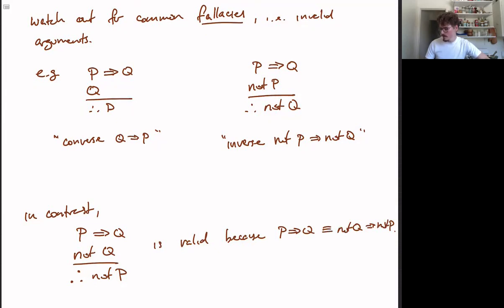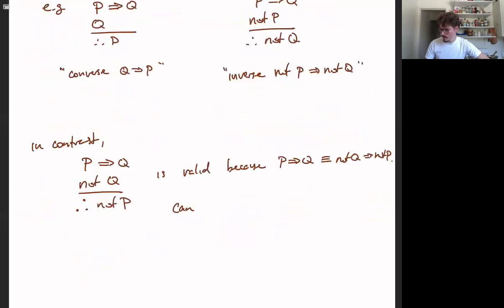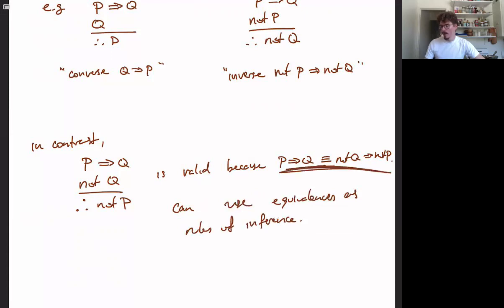So you can think of equivalences as being very much like rules of inference. You can use equivalences like rules of inference, because again, equivalences are founded on logic that is always true. This equivalence means that these things are always the same. So if it works for one, then it works for the other.